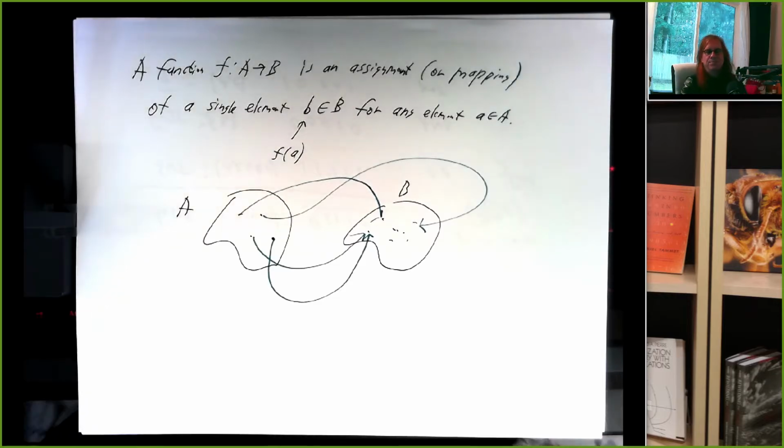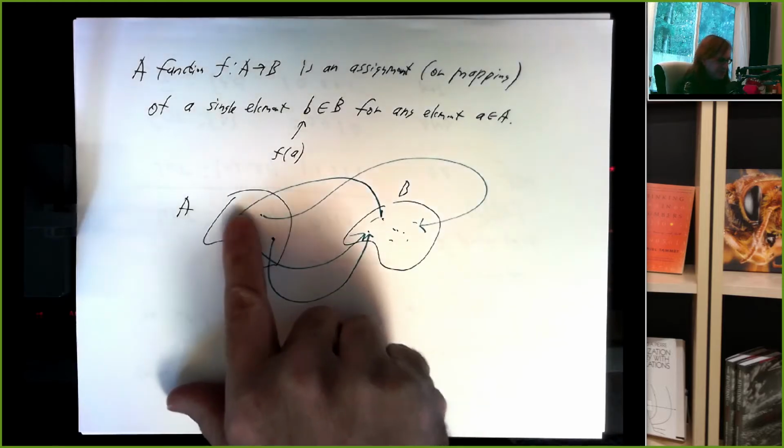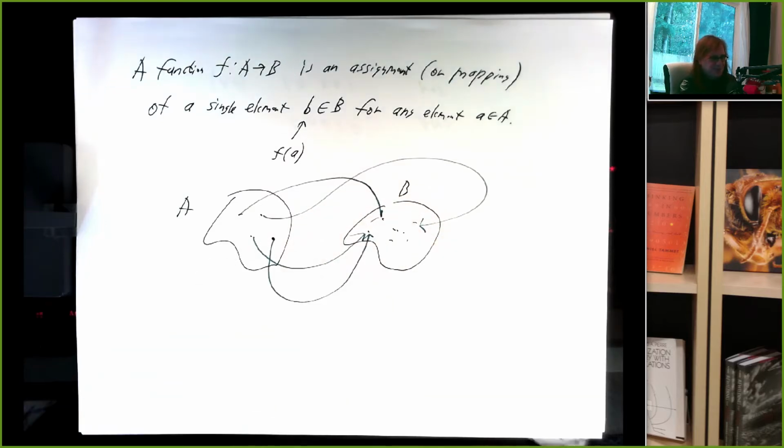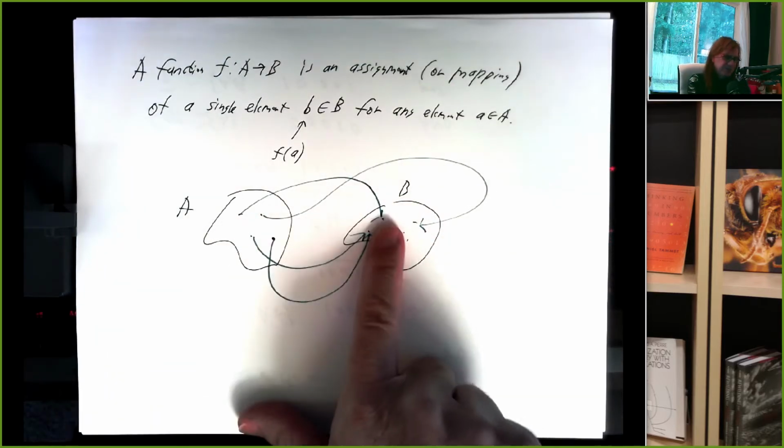Yep. So it's like taking A and putting it into B, that's it? That's it. Basically, we're just adding it, or is this just a placement? This is just an assignment. For each element in A, we're assigning an element in B, so we're just pairing these things off. Everything here gets associated with something in B.